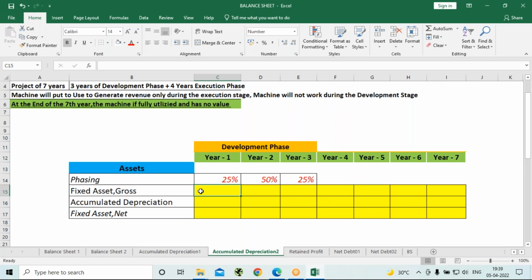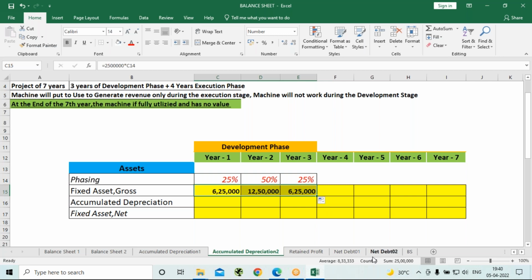So the fixed asset value over here in year 1 will be equal to 25 lakhs into 25%. So the value is 6,25,000. Let me bring it to the third year.